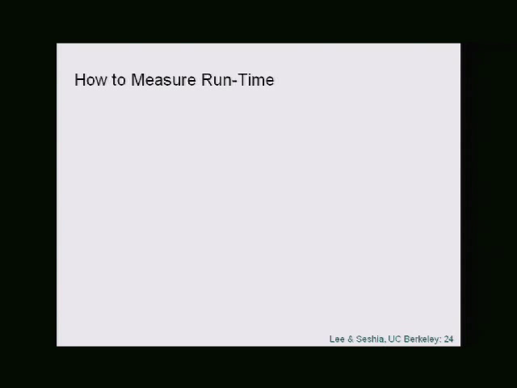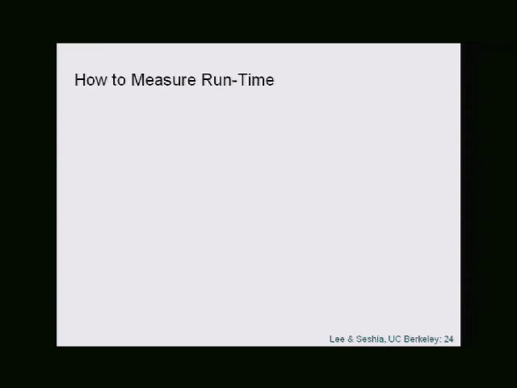So the thing to do, ideally, if you can do this, not all platforms allow you to do this, is to try to directly sample the CPU cycle counter. A lot of processors have cycle counters in them for the architects to use for performance tuning of the processor.